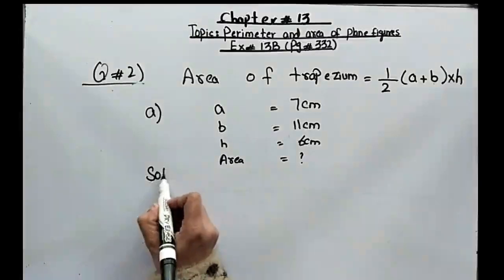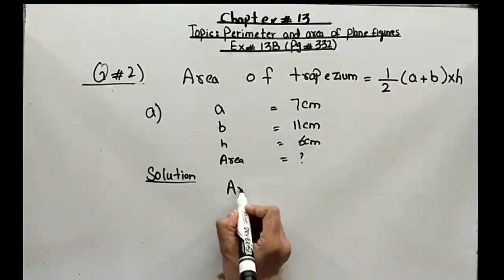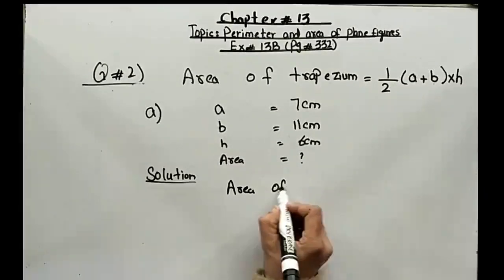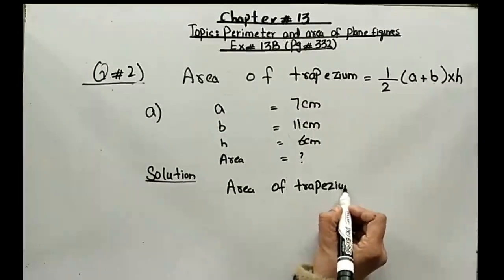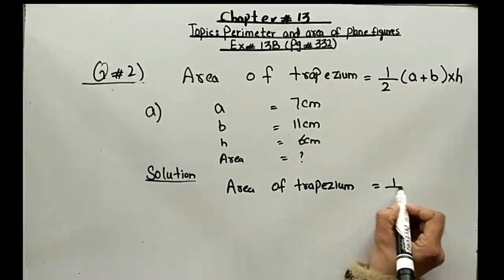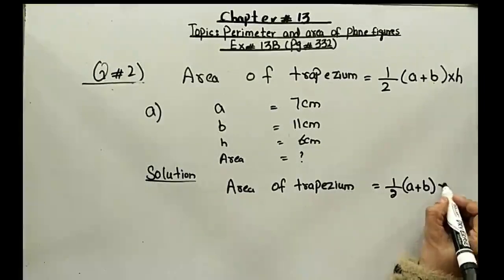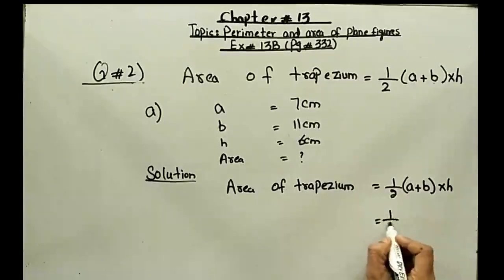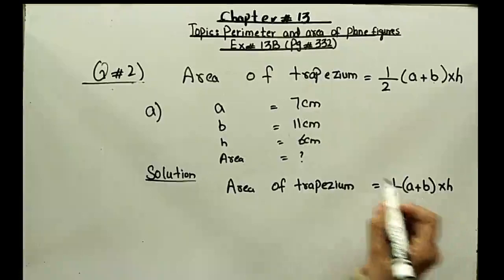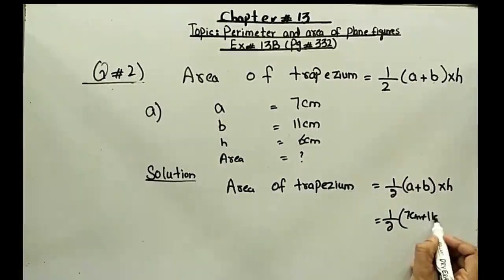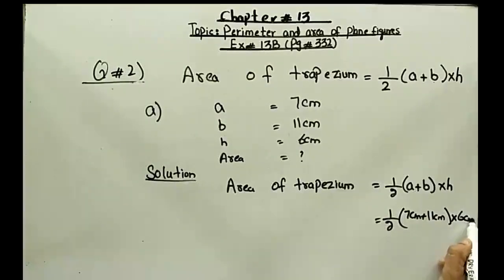Solution. First write down the area of trapezium formula again, is equal to half the sum of two parallel sides multiplied by height. So 1 by 2, A is 7 centimeter plus B is 11 centimeter, then multiply by H is 6 centimeter.